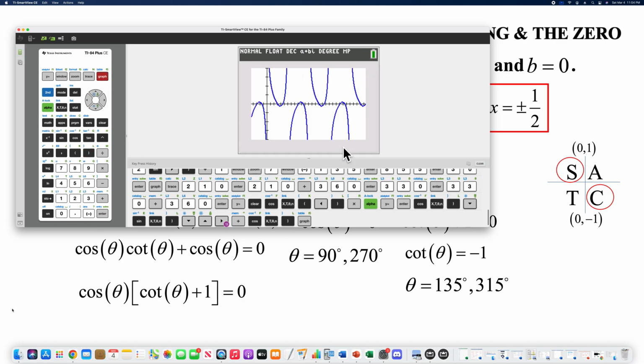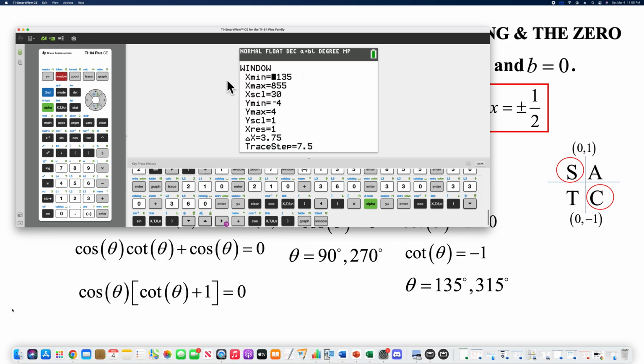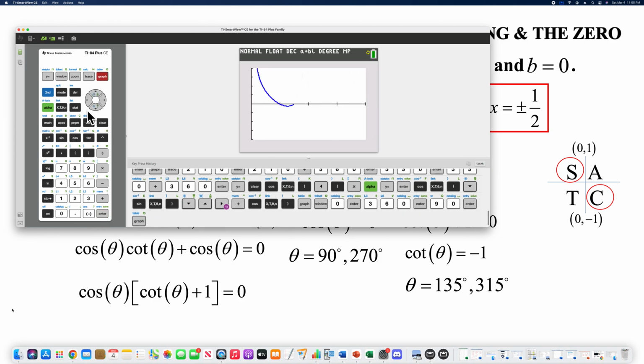All kinds of answers here. But if we're just looking from 0 to 360 like the direction said, a good option here is to go to your window, change your x min to 0, your x max to 360, and I'm going to change the scale to 90 degrees so I can see my quadrants. Regraph it. So we had 4 answers.